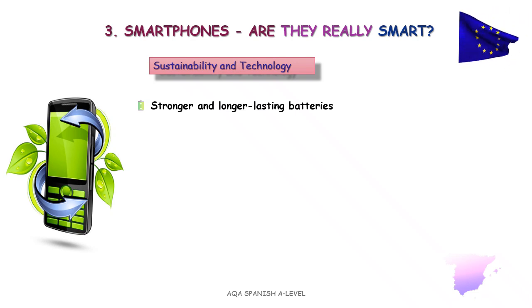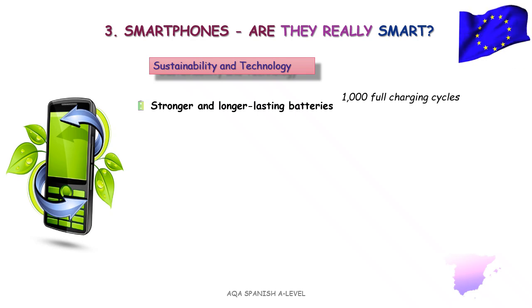Manufacturers will be required to ensure that batteries survive at least 1,000 full charging cycles without dropping below 80% of the original capacity, and these batteries can be easily replaced either by authorized technicians or, in some cases, by the users themselves.